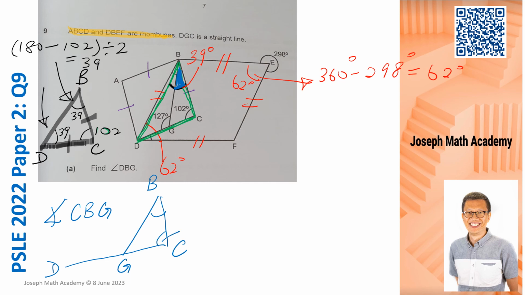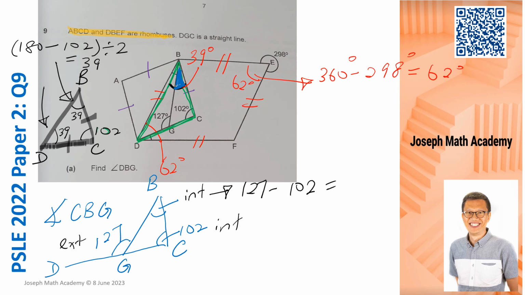Now this is 102. We want to find this, and we know that this is our 127. Using the property exterior angle equals the sum of two interior angles, I can find this interior angle, which is 127 minus 102.